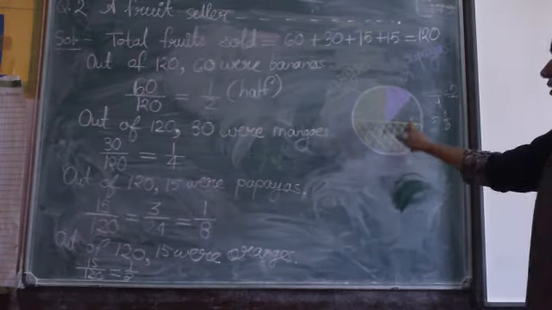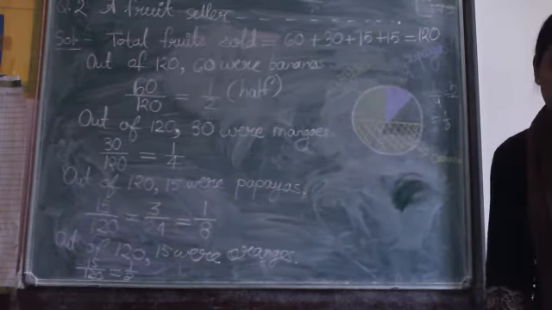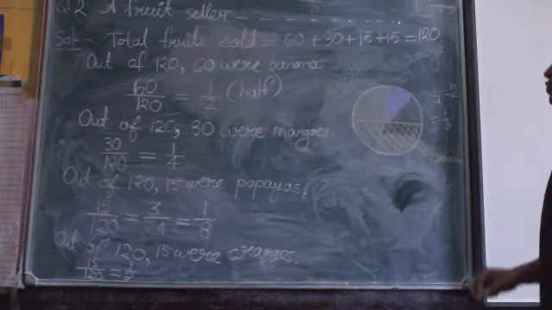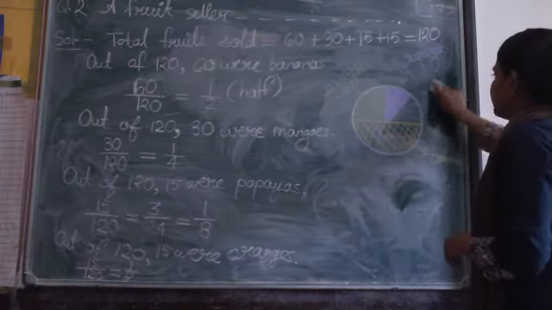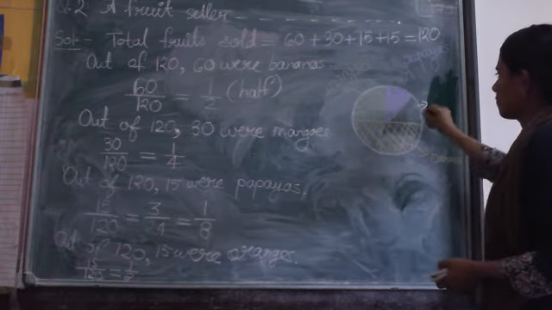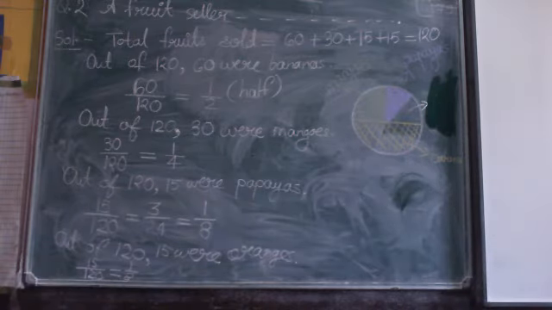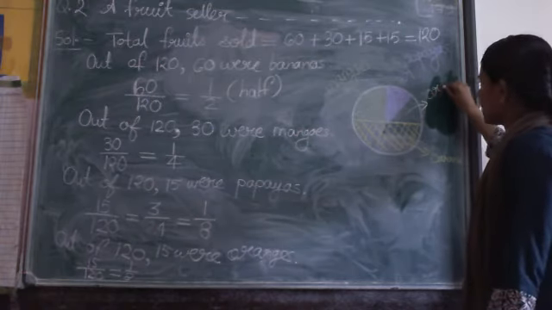And the remaining part is also showing 1/8. The last one is oranges. So this part is showing oranges.